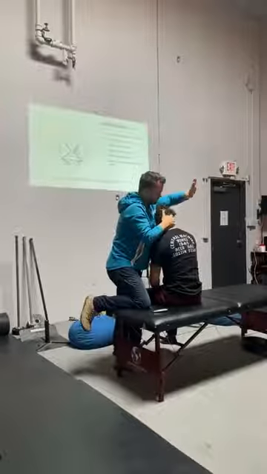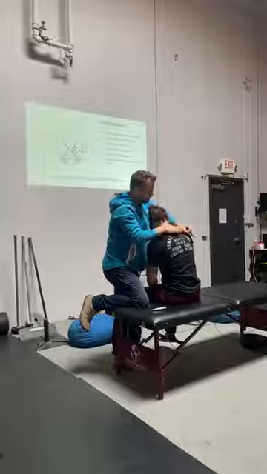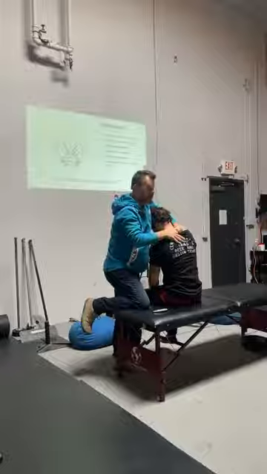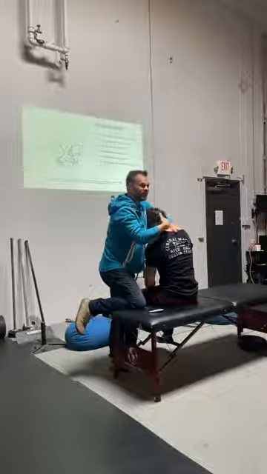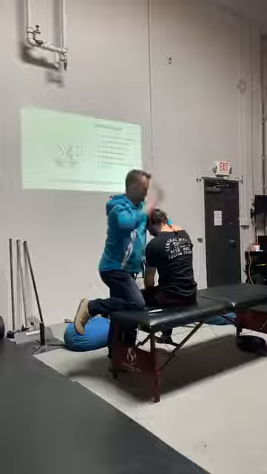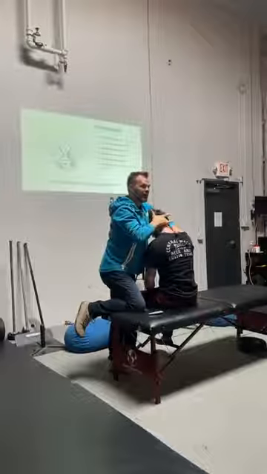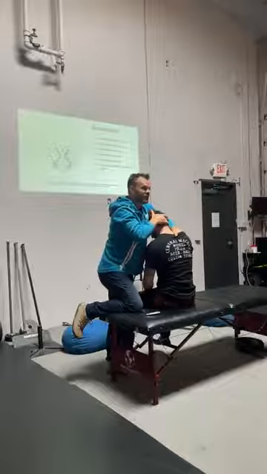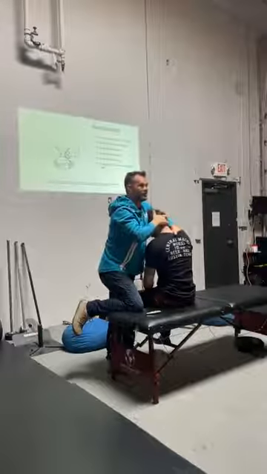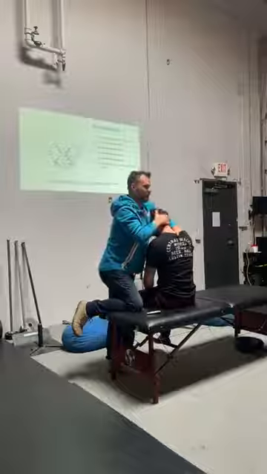So what we do here, I'm going to wrap my head around. I'm going to traction the trap because it pierces the trap, right? I'm going to use my finger, cup around the head, the occipital ridge, push down, push up, push down, and then I do the motion.